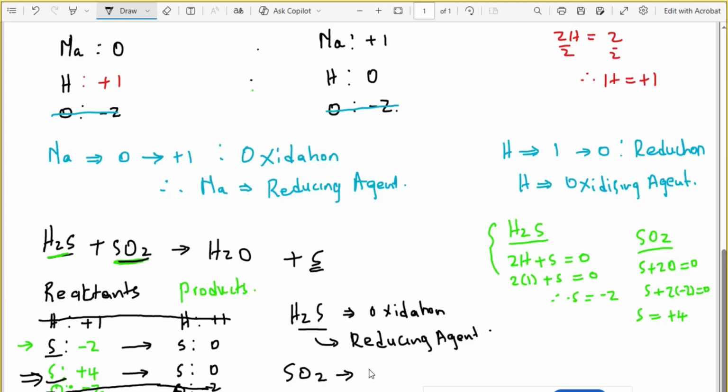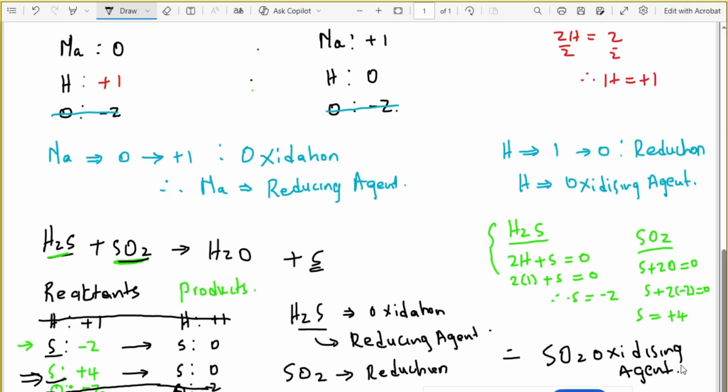This tells you that this is reduction. And then this will be our oxidizing agent. Therefore, SO2 will be our oxidizing agent. Are you happy with how we did these examples?